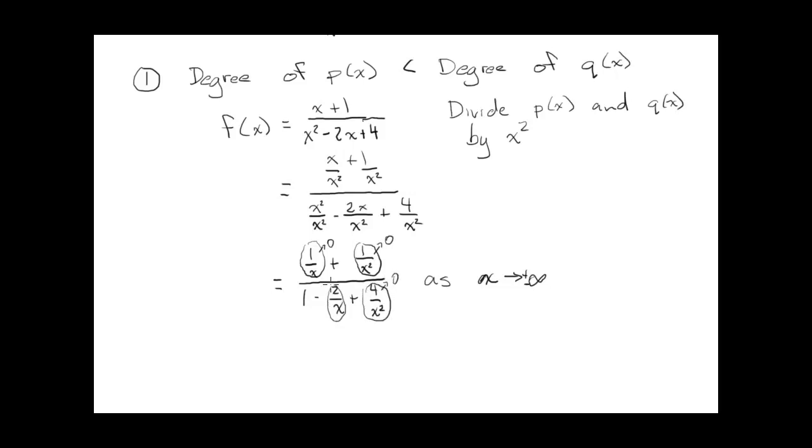And this term is going to approach 0. So the numerator is approaching 0 plus 0, which is 0, over the denominator, which is 1 minus something approaching 0 plus something approaching 0. So that's 1. So this is going to approach 0.